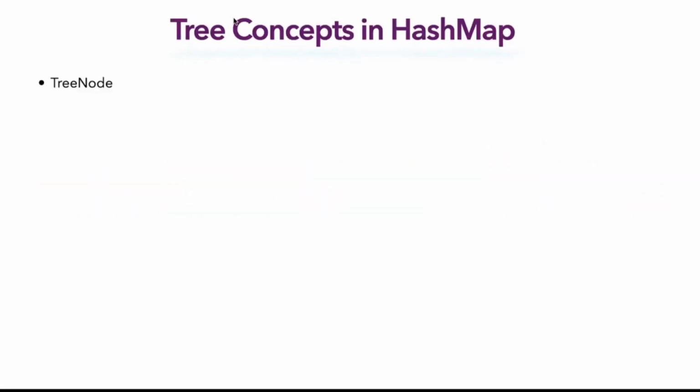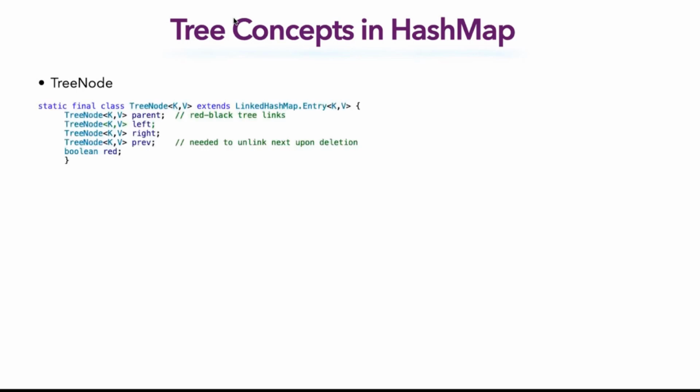The tree node can be represented as shown here. It uses parent, left, right and previous node along with the flag red. This flag will help to maintain the red-black tree with red and black colors.